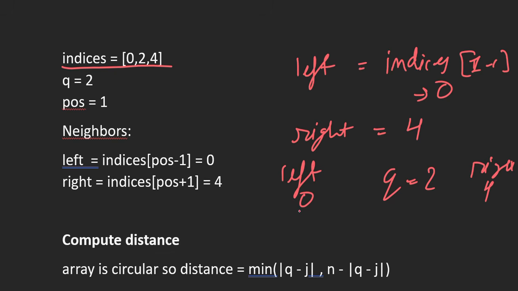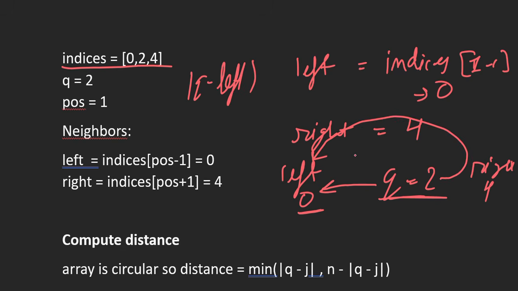Now with the left index and q, what can be the distances? One is the straightforward distance, that is q minus left, or we can go to the end, and the other is the circular distance, that will be n minus (q minus left), right?